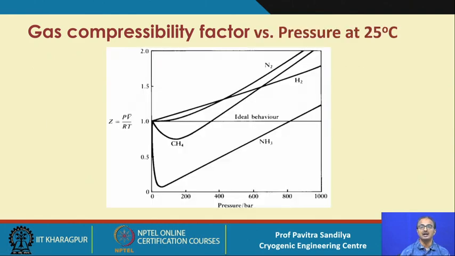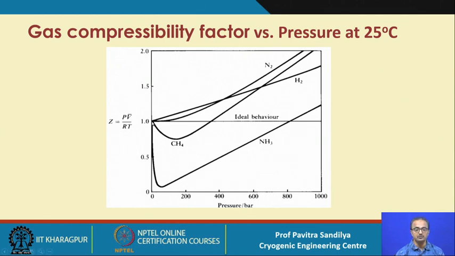Here in this figure, I have shown some typical values of Z for a few gases, and how they vary with respect to pressure. Here you see that the value of Z is changing. For example, let us take methane. Methane is the primary component of natural gas, and we see that as we increase the pressure, it deviates from 1.